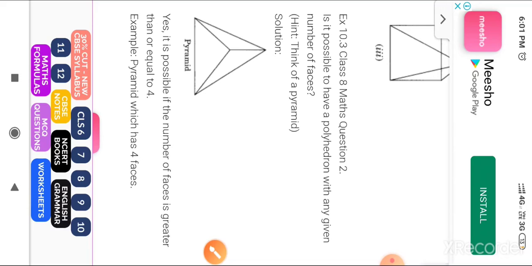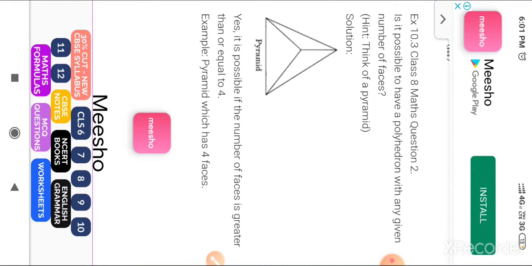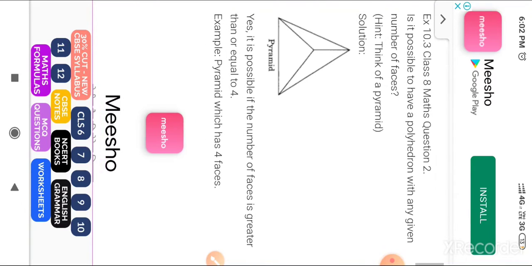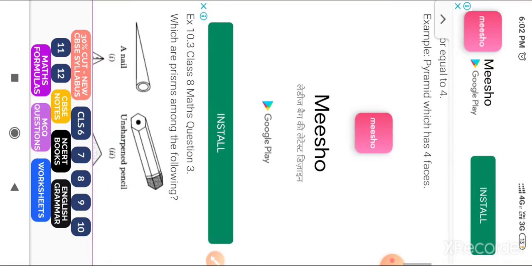As you can see in this diagram, it has 1 square and 4 triangles. Move to the second question. Second question is, is it possible to have a polyhedron with any given number of faces? So its solution is yes, it is possible if the number of faces is greater than or equal to 4, and its example is a pyramid which has 4 faces.